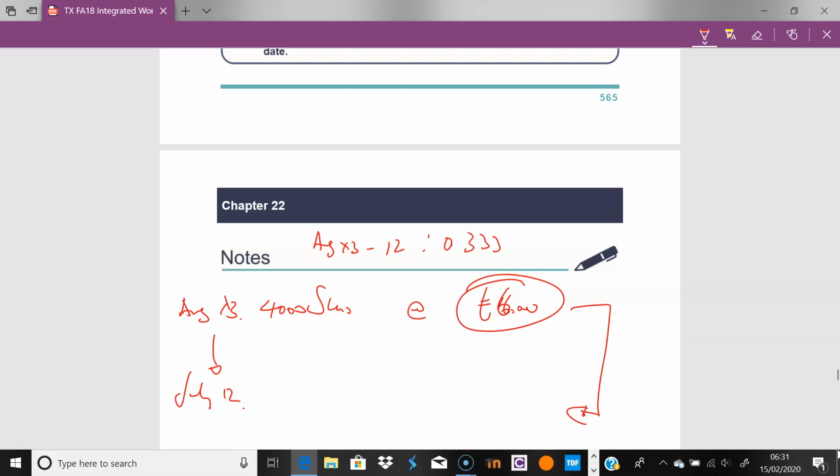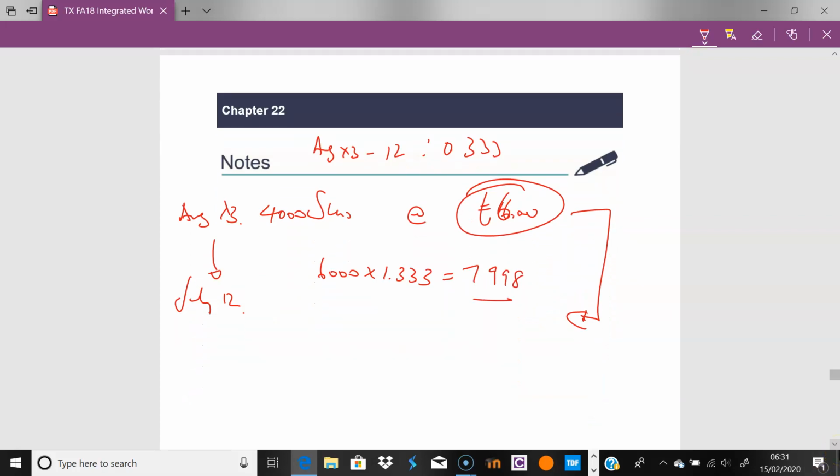So the new value of these shares is 6,000 times 1.333, and that takes us to 7,998. So now at July 2012, I have shares worth 7,998. Now the question becomes, what do I do next?